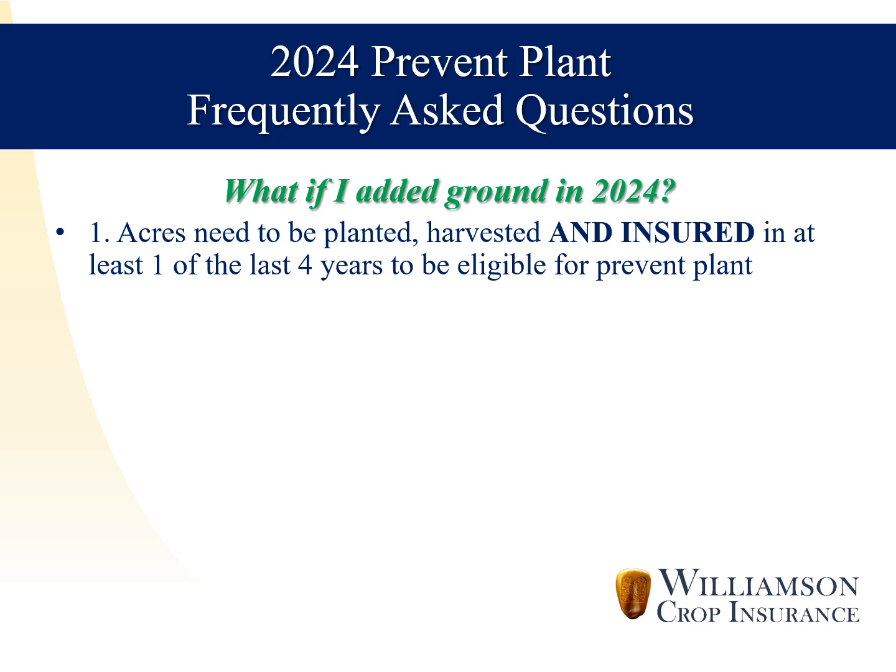Another point to add to that is there's been some language change on this the last few years that we want to make sure we point out. Acres need to be planted, harvested, and insured in at least one of the last 4 years to be eligible for prevent plant. This actually applies to your existing farm ground also.